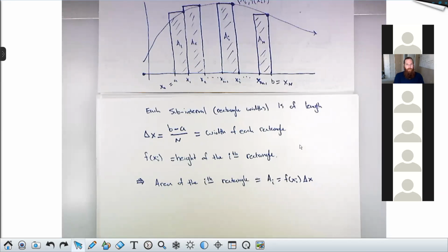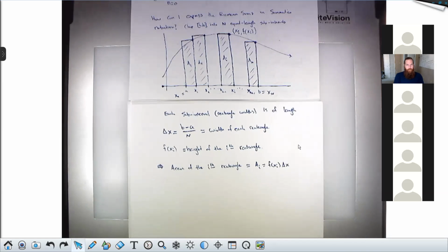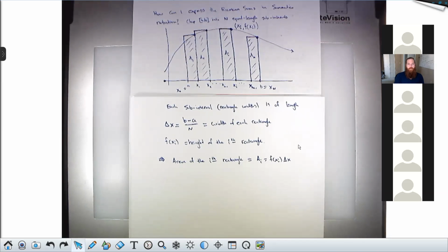Okay, so let's come back out a little bit. Remember what my goal is. I want to express the Riemann sum, and I'm just worrying about right-hand Riemann sums, in terms of this summation notation. So I needed some way to express these areas.